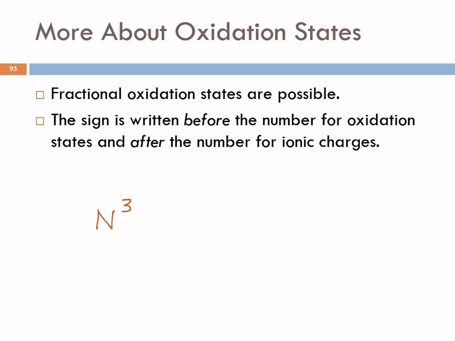Let's think of the nitride ion. When I'm writing the ionic charge, I write the sign after the number because we don't want that to look like a math exponent. But when I say that nitrogen has a minus 3, I almost did it backwards. Nitrogen has a minus 3 oxidation state.